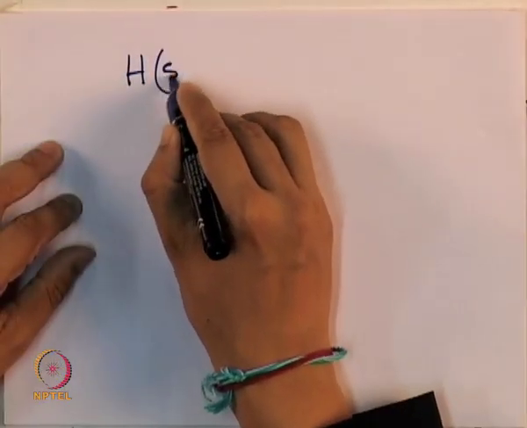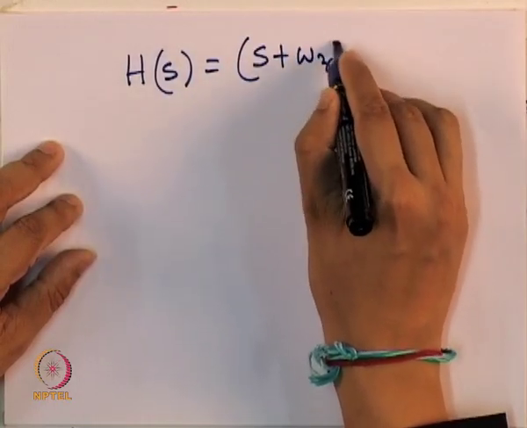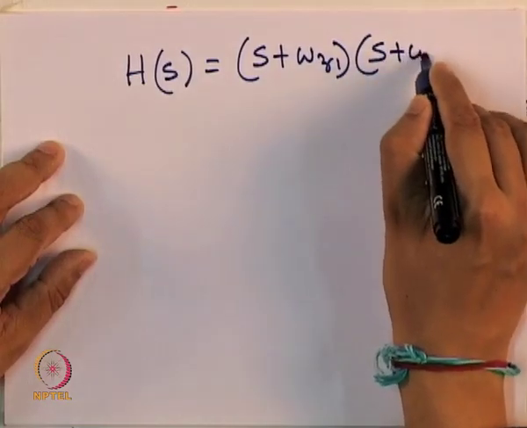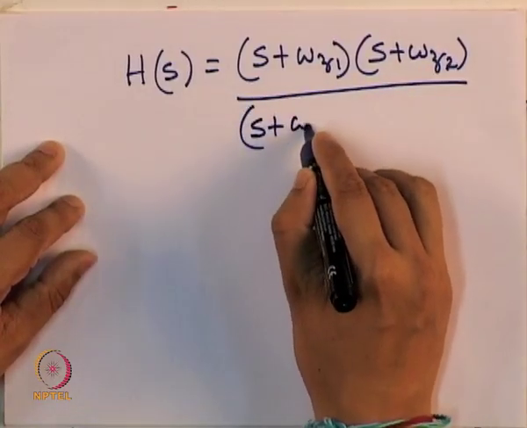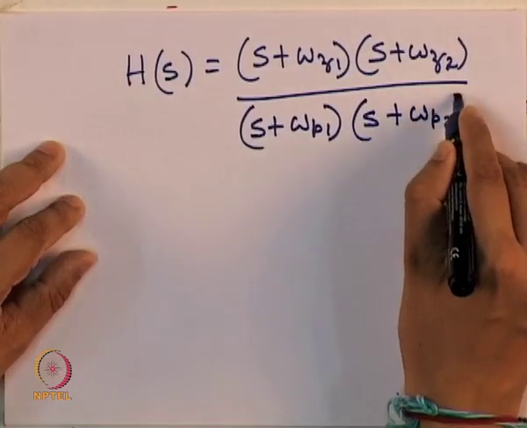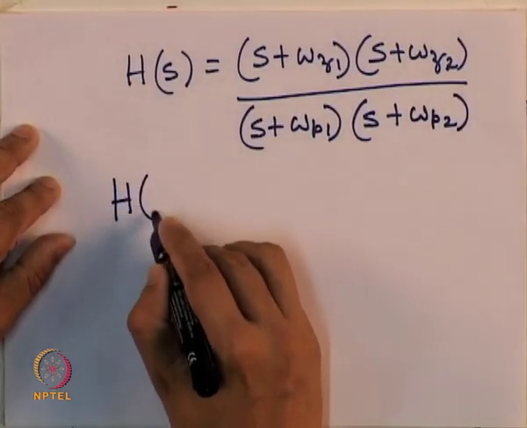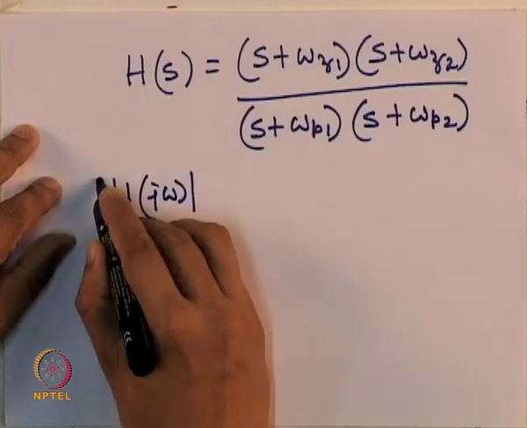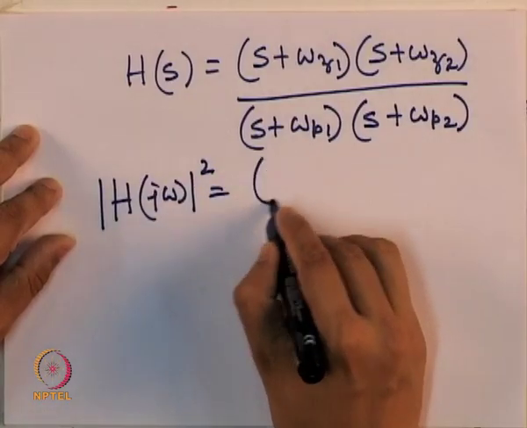So, suppose we have a system where there are only 2 poles and 2 zeros. So, H of s is given like this. Therefore, modulus of H of j omega whole square is given by.